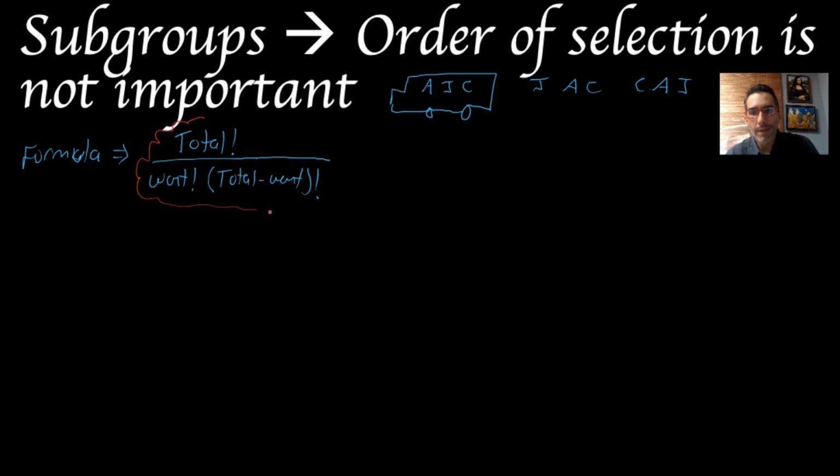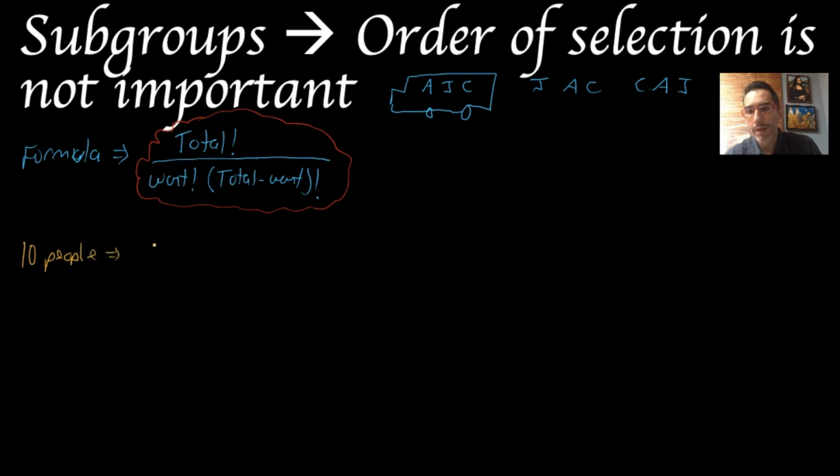The total number of elements that I have, factorial, over the number of elements I want to select, factorial, and then the difference. So, for example, we have these 10 people.